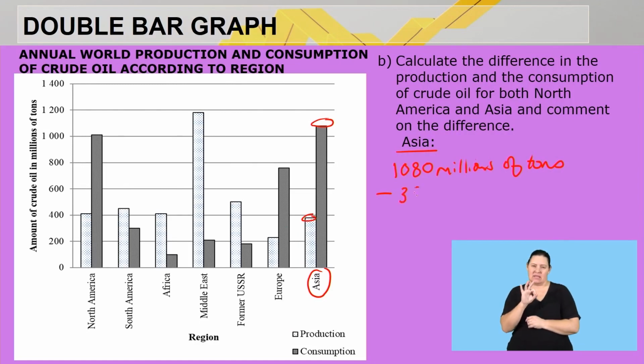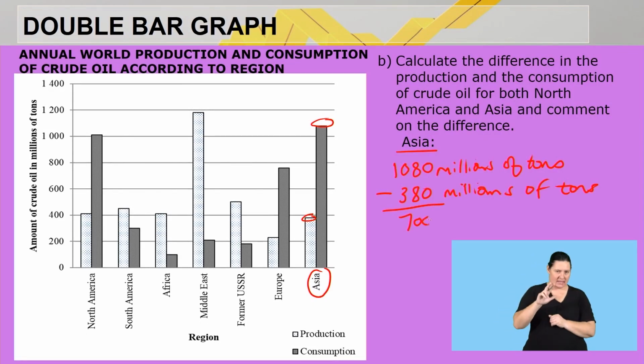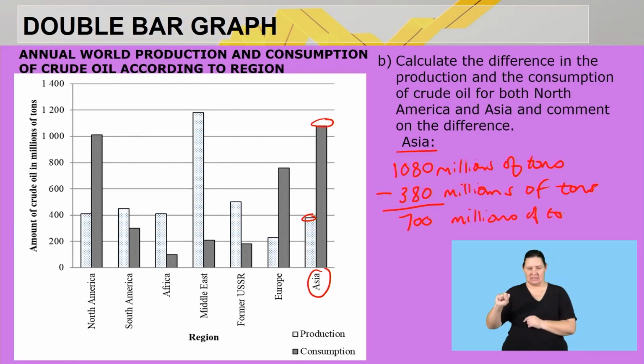Can we say that's about 380 millions of tons. So let's simplify this by saying 1,080 minus 380. That will give us 700 million of tons of crude oil.